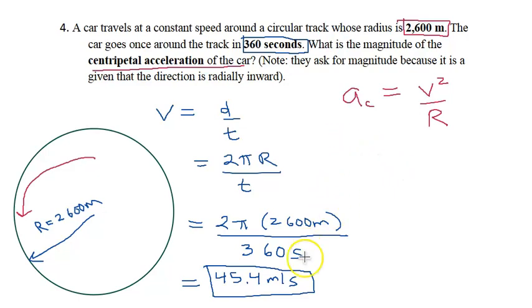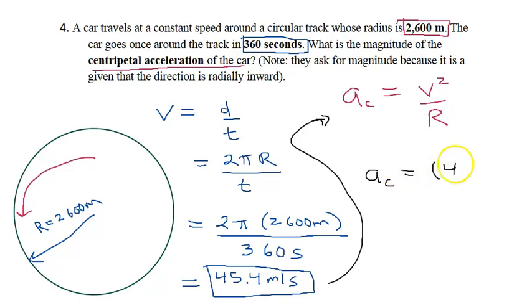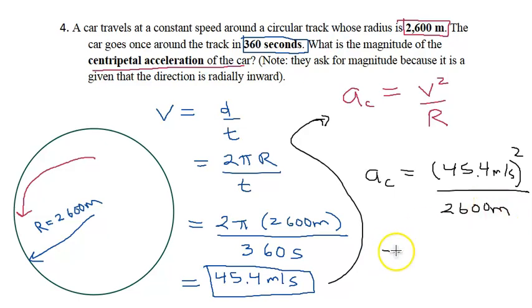And now we're ready to just take that information and plug it into the centripetal acceleration, which is 45.4 meters per second squared over the radius, which is 2,600 meters. And you get 0.792 meters per second squared.